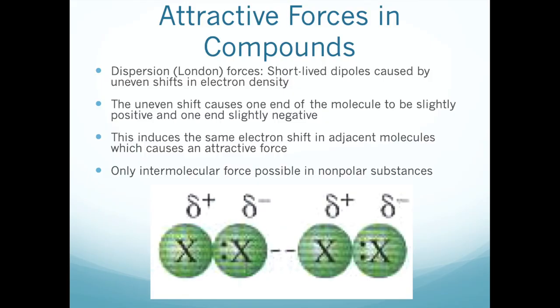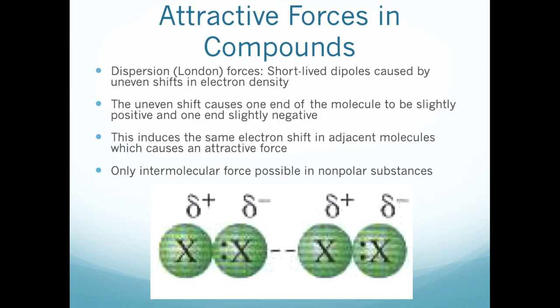So again, this is not a permanent change, like our polar molecules are permanently polar. But here in London dispersion forces, our nonpolar molecules are only weakly and temporarily polar. But that's what London dispersion forces are. They allow this sort of weak temporary polar interaction for these nonpolar molecules.